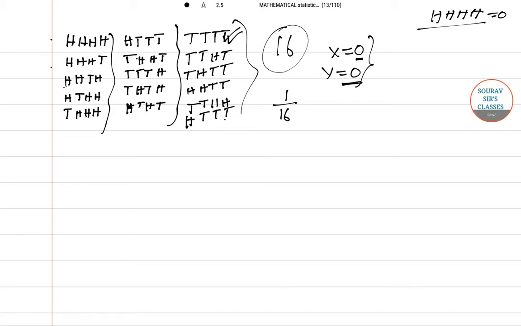Now in case of x equals 1 and y equals 1, that is, there was at least one head.